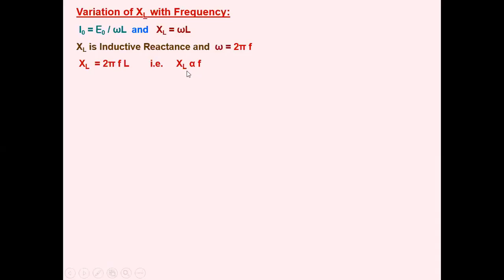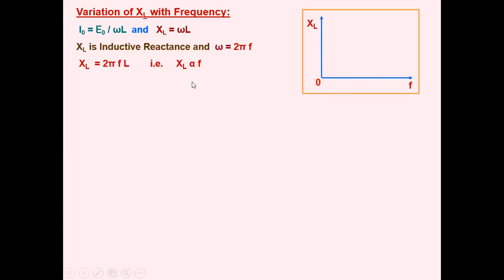If you plot the graph between frequency of AC supply and inductive reactance, you will get the graph as a straight line. This graph indicates the graph between inductive reactance and frequency of AC supply. So slope of graph will represent inductance of the inductor.